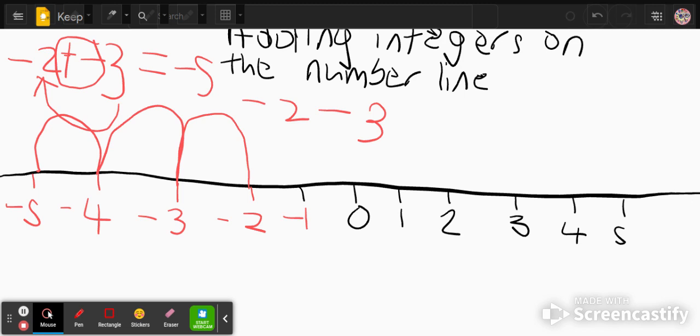And also, you can reason it out generally and say that, let's say you owe somebody $2 and you took $3 more from them. You totally owe them $5.